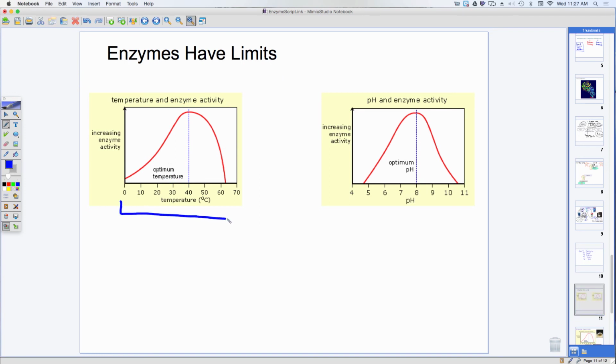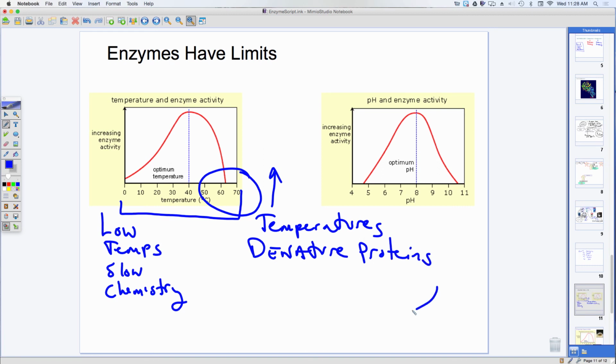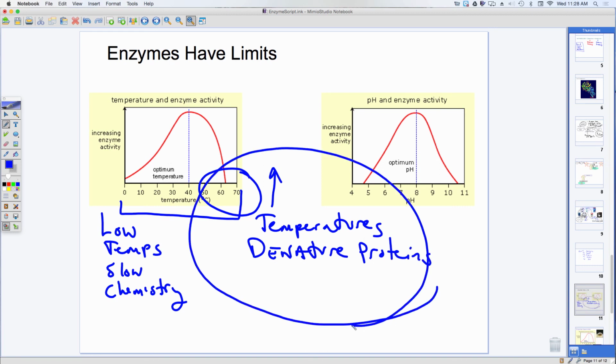Enzymes have limits. For instance, this graph is showing you how temperature influences enzymes. Low temperatures slow chemistry. High temperatures denature proteins. That means that they break them down.